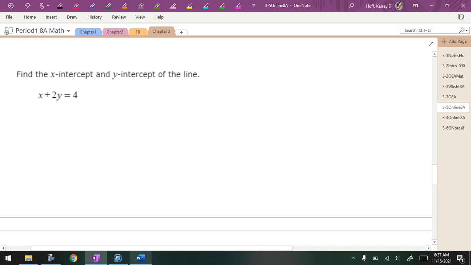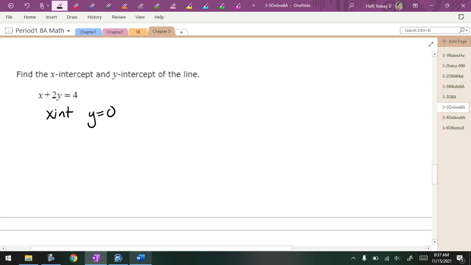Find the x and y intercept of the line. Okay, here we go. What do you know about every x-intercept? Which one equals 0? Y equals 0. Every x-intercept, y equals 0.